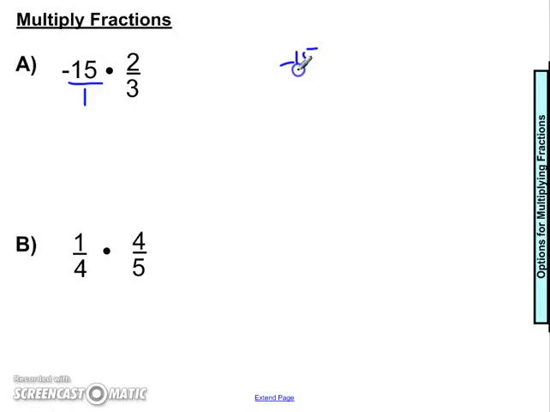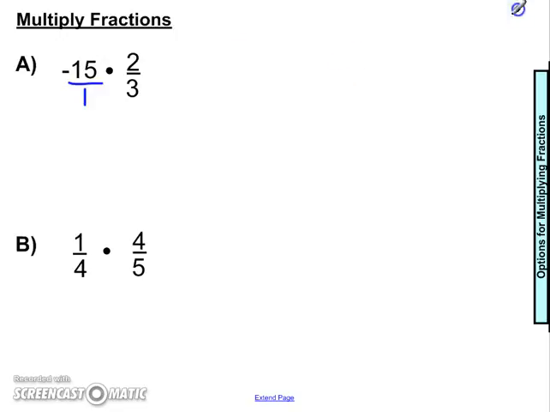Well, a fraction is a division problem. Negative 15 divided by 1 is negative 15. So even though they're in different formats, their values are the same. Because I am multiplying by a fraction, I want the fractional format to help me out.